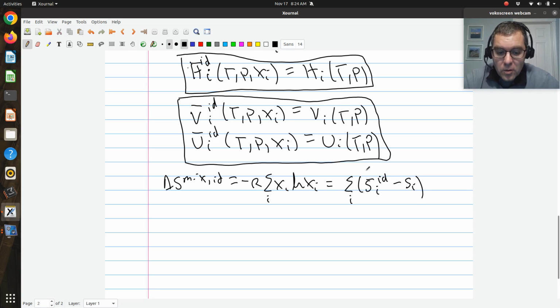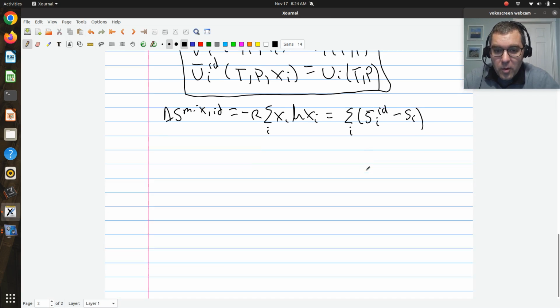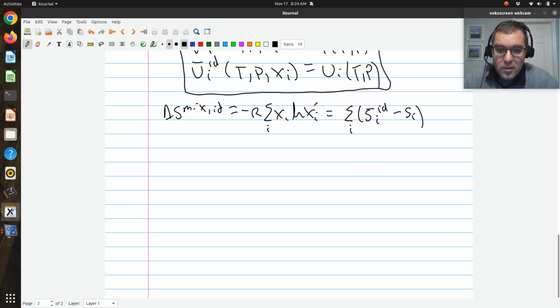Cool. So I'm going to do a little more work in terms of matching. And I forgot my xi in here: sum over i, xi times (s bar i minus si). In terms of matching, negative R is just a constant, so I can bring it into my sum. If I had this long sum of negative R xi log xi terms, I could factor out that common term of negative R, which is what's done here.